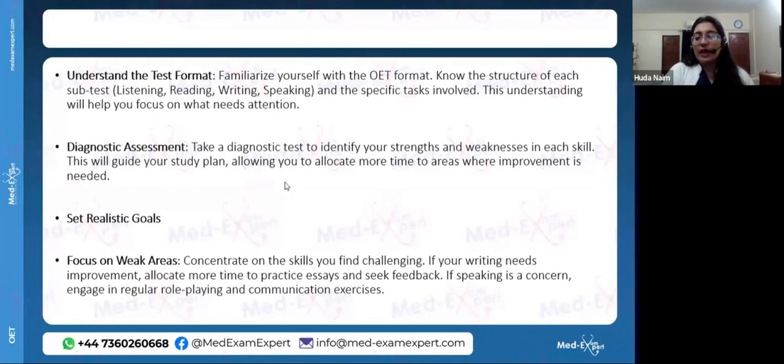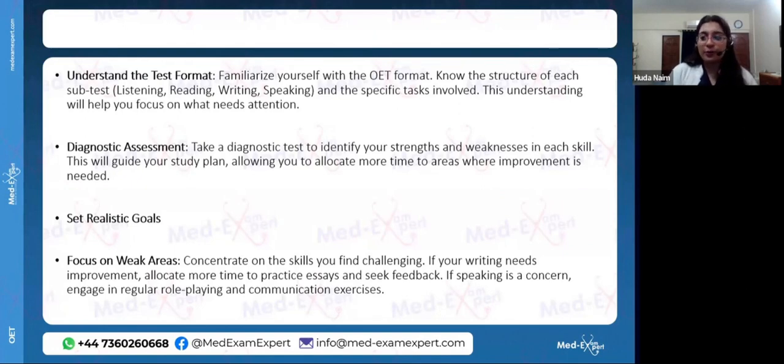If you plan on studying for 20 hours a day or 18 hours a day, that is not something realistic. Take a look at your daily working schedule. If you're working full time or part time, or if you're a resident, then you would have a very busy schedule. So always make a realistic goal by keeping your own schedule in mind.